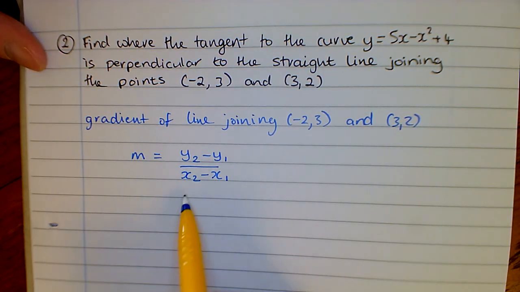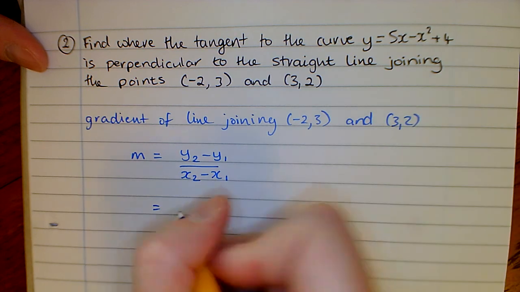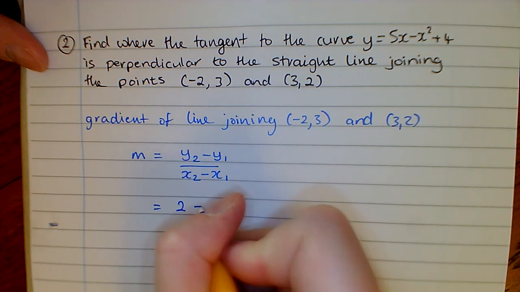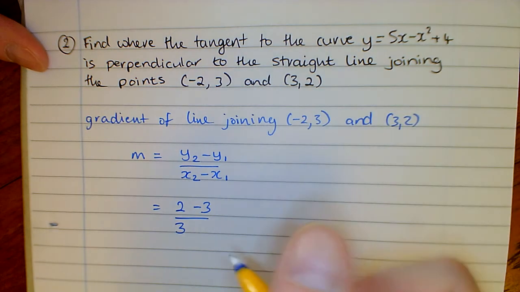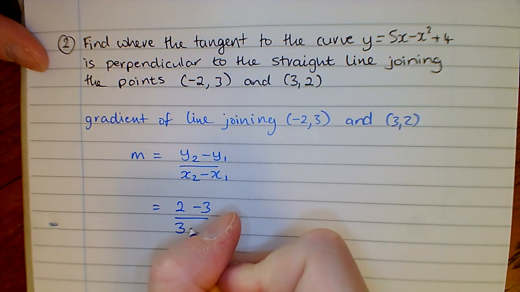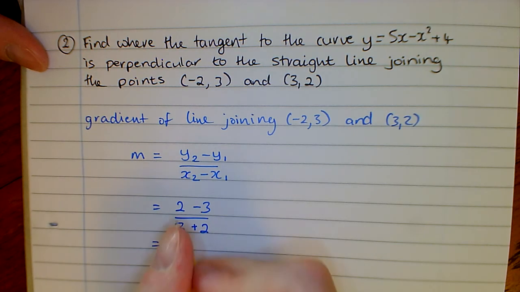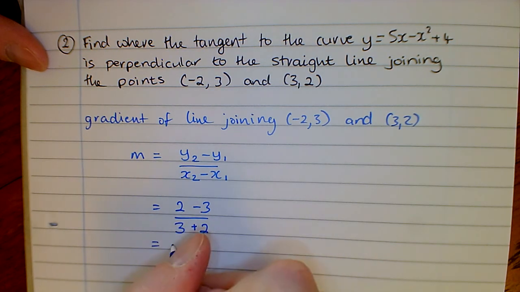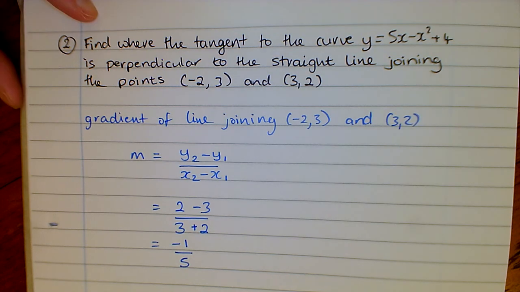Our gradient m is y2 minus y1 over x2 minus x1. So our second y coordinate is 2 and our first one is 3. Second x coordinate is 3 and our first one is minus 2, so be careful, it's minus 2, so that's plus 2. So it's 2 take away 3, which is minus 1, over 3 plus 2, which is 5. So that's the gradient of this line.